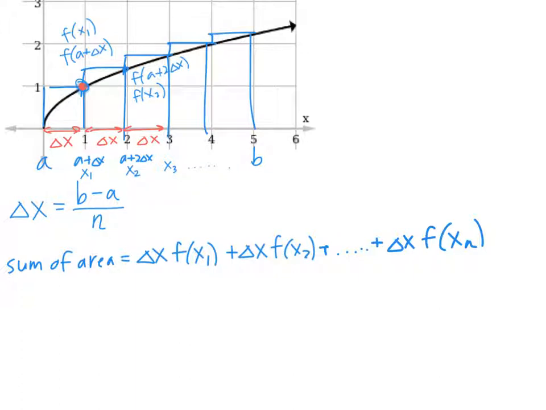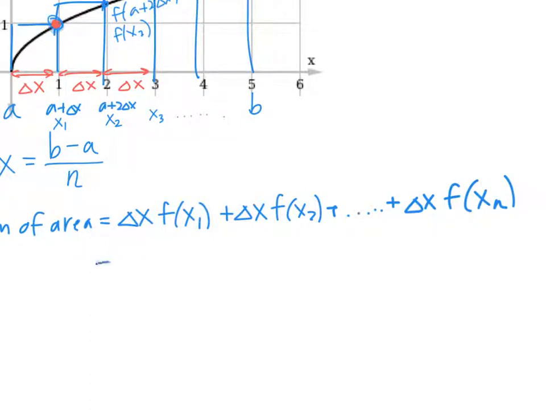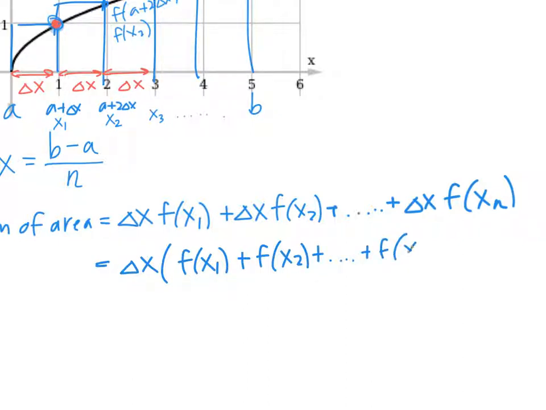Base times height, base times height, base times height, and then we add up all the rectangles. Or I can also factor out that base because it's the same. So height plus height plus all the way down.